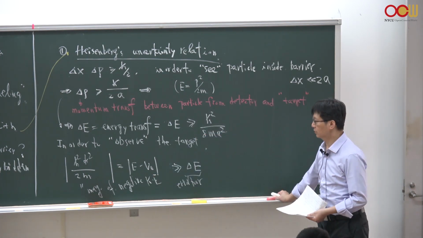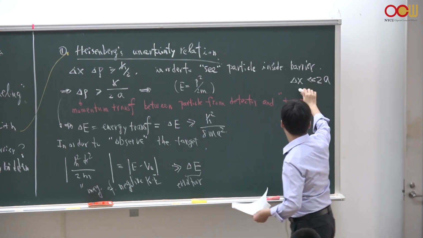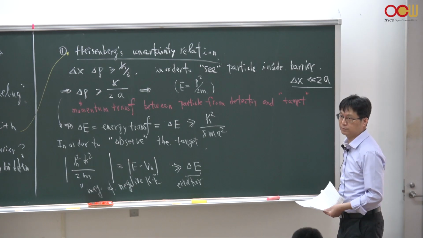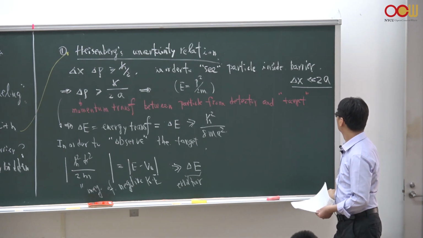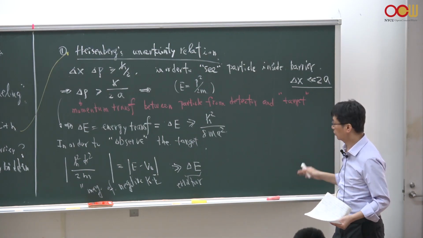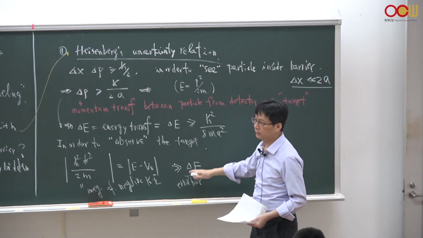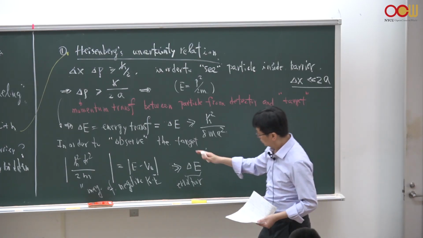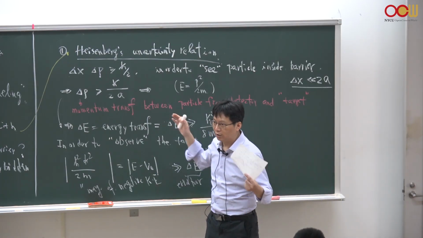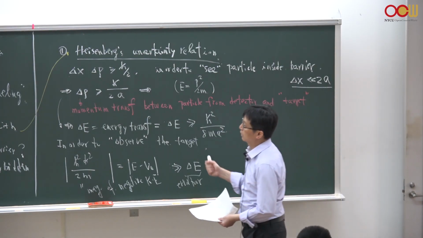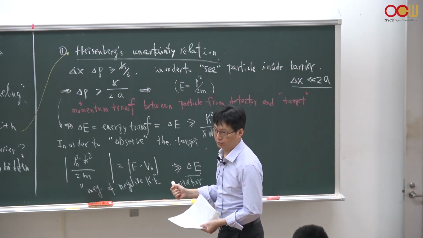This is the same reason that we need to satisfy the requirement that the error bar in determining the position of the particle should be much smaller than the width of the barrier. Likewise, the error bar in determining the energy of your target should be much smaller than the magnitude of the negative energy, right?